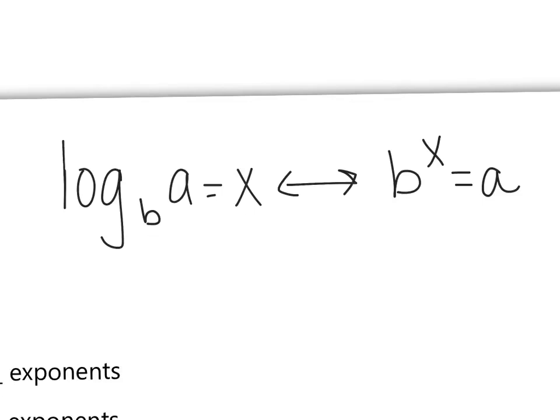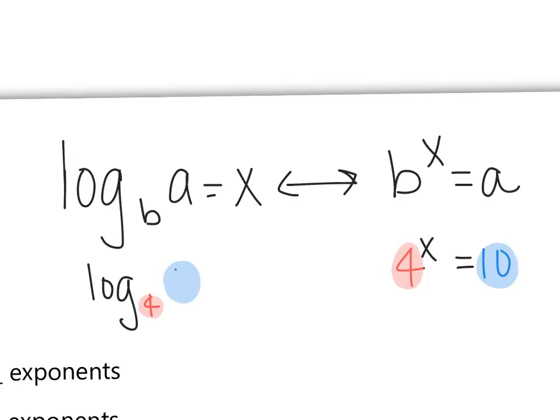So thinking about the problem I just gave you that we didn't know, I said that 4 to the x power equaled 10. Well, I could rewrite that as the log, what would my base be here? 4, because that was what b was over here, of what would go here, what am I taking the log of? 10. Would equal x.